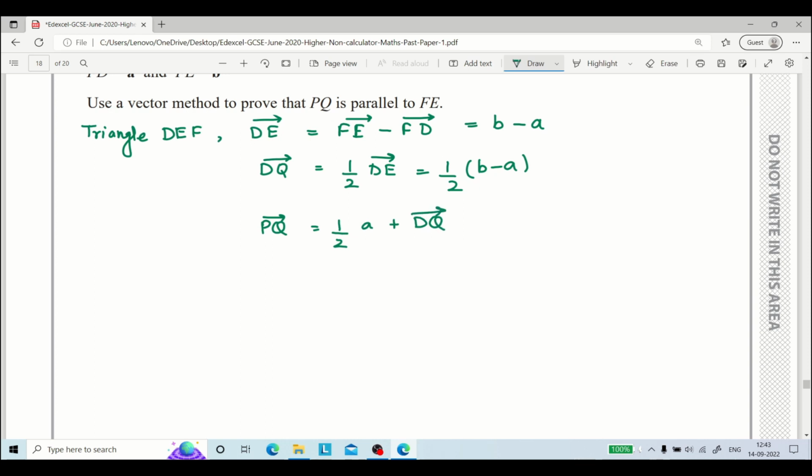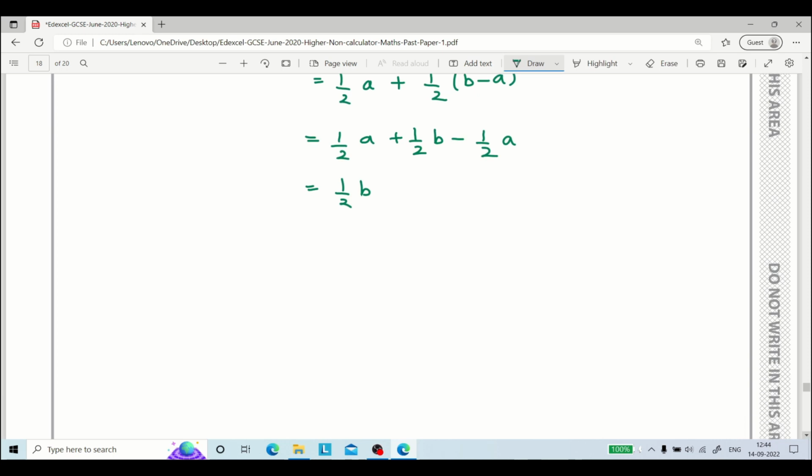Right. Now, this will give you half A plus, what is DQ? Half of B minus A. So if you expand this, after opening the brackets, you will have PQ is equal to half of B. Now if PQ is equal to half of B, you'll have PQ bar is equal to FE bar over 2.